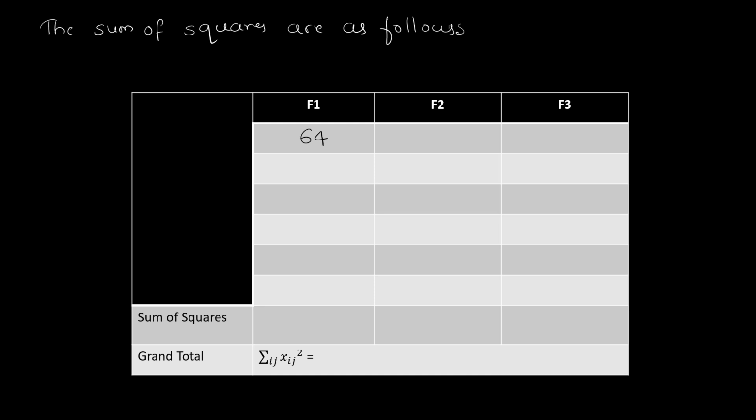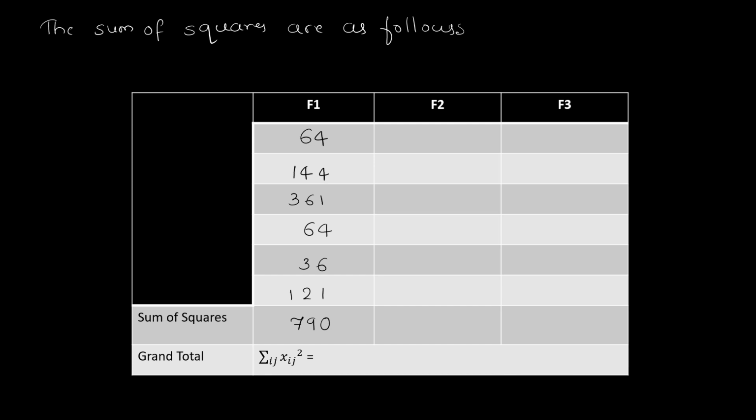Then 12 square is 144, 19 square is 361, 8 square again 64, 6 square is 36, and 11 square is 121. So when you add 64, 144, 361, 64, 36 and 121, you will get 790.